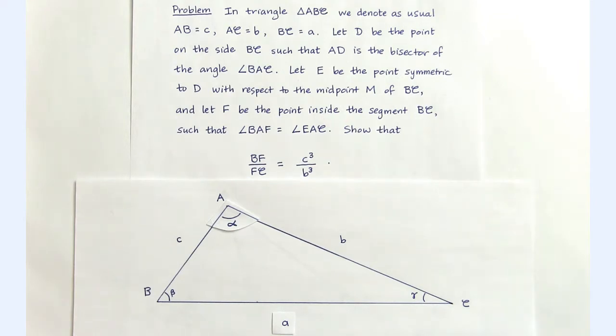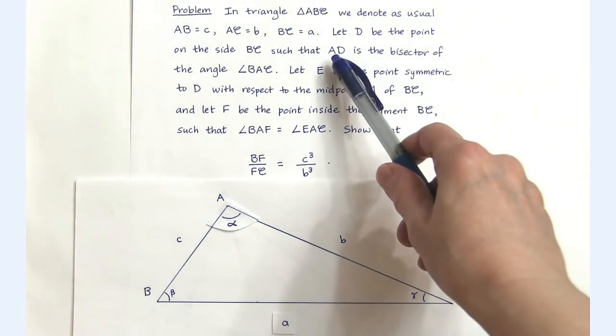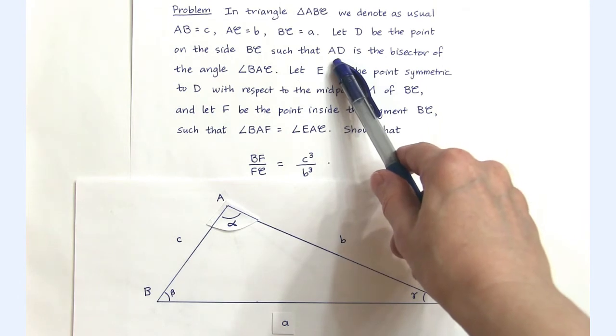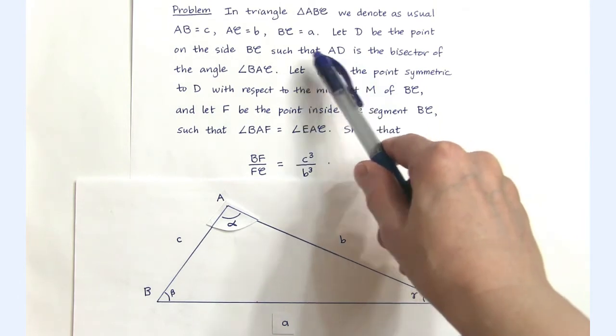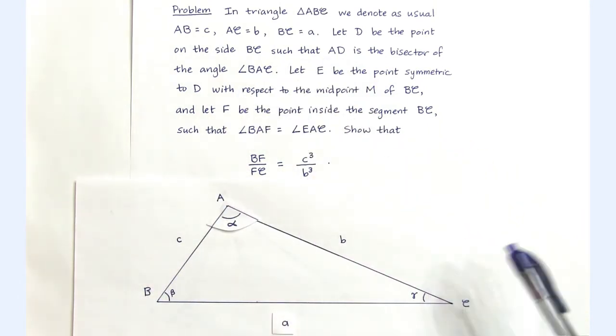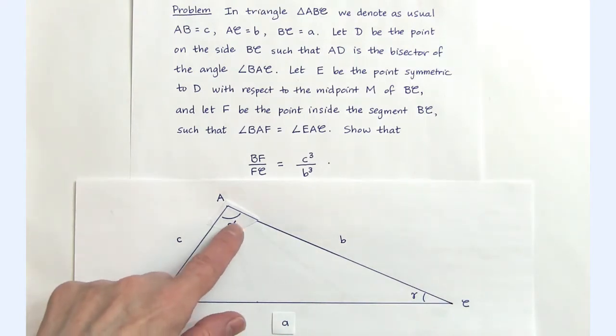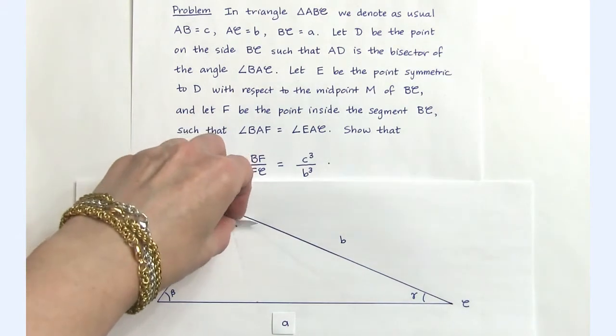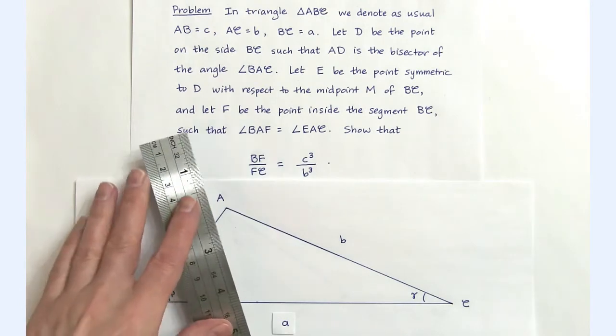And the problem asks us to make the bisector from A to D of the angle BAC. So I'm going to bisect this angle alpha like this.